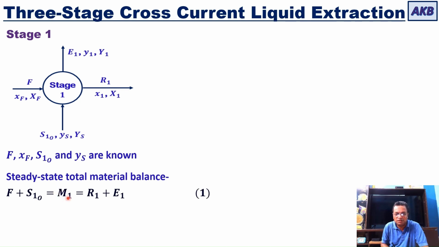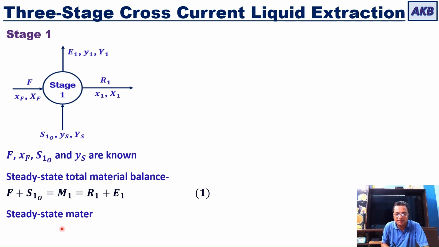Initially a mixture will be formed, and then this mixture will separate into raffinate and extract phases. So mass of feed plus mass of solvent is equal to mass of the resulting mixture, which then separates into raffinate and extract phase. So mass of mixture is equal to mass of raffinate plus mass of extract, and I am calling this equation 1.